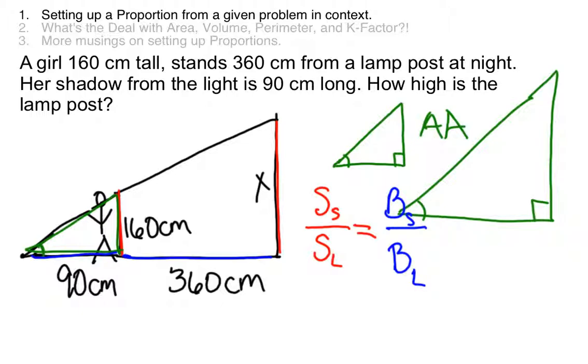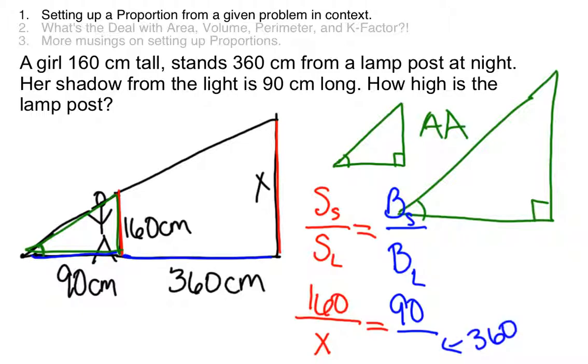The side of the small triangle is 160, and the side of the large triangle is x. And we saw many people today in class take 90 for the bottom of the small triangle, and many people put 360 right here. But this is incorrect because we're wanting the full bottom of the large triangle. So it's all of that.